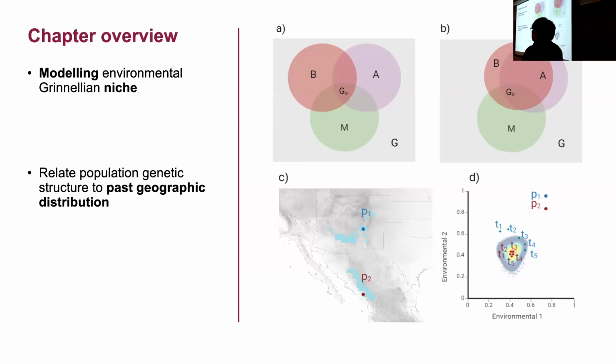And we just use that information to try to understand the past distribution of the species, using environmental information from the present to the past. And then we try to infer what happened with the genetic structure of the populations in the sites where the environment remained the same along all this time.